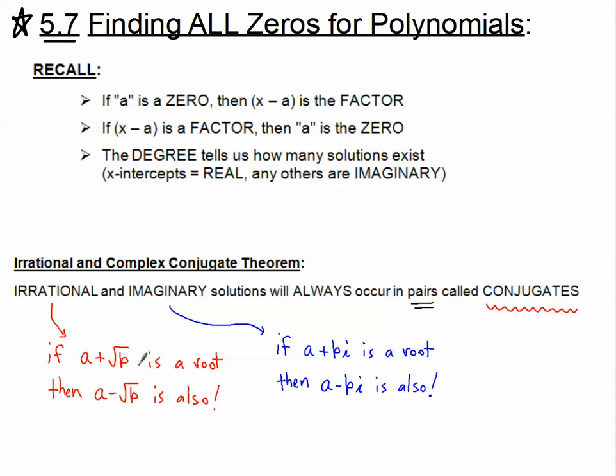They will always occur as pairs, which means we will always have an even number of irrational or imaginary roots.